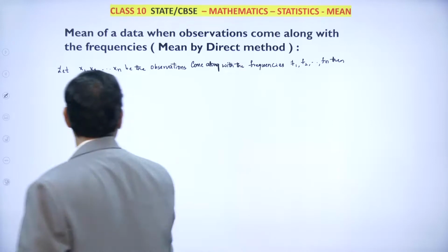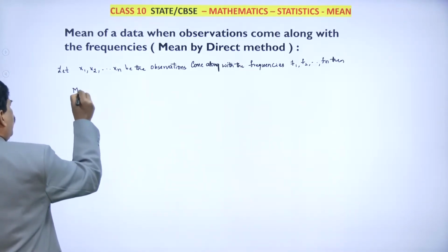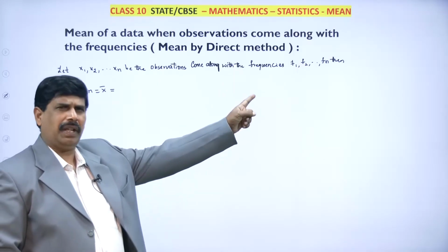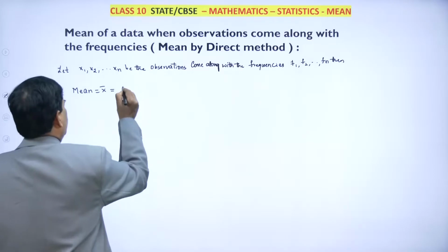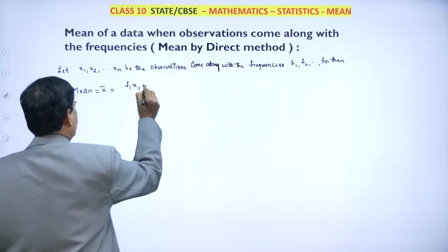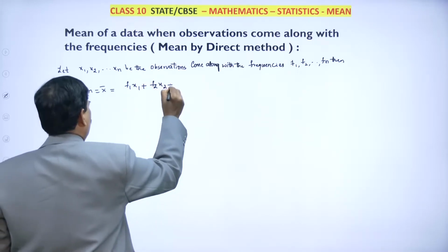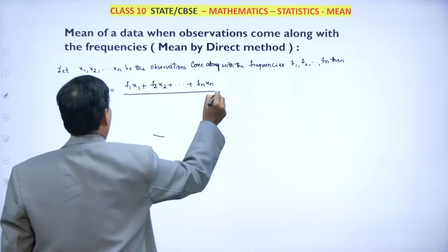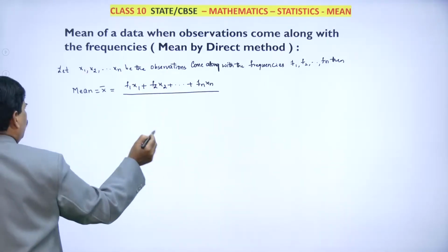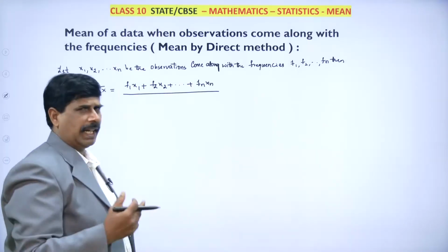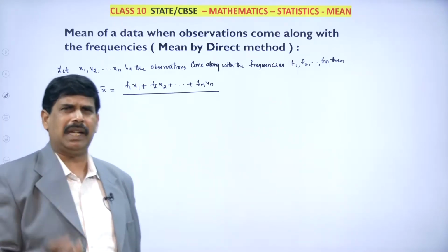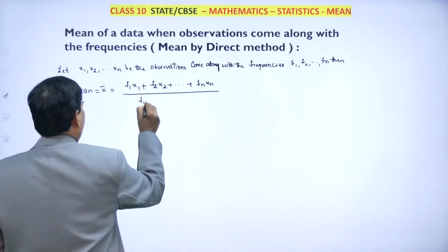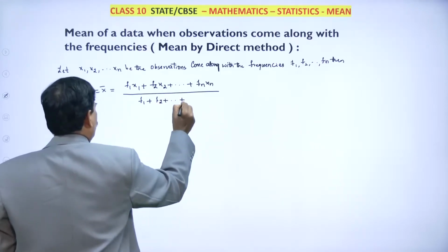So then the mean x bar is equal to, see what you have to do, children, you take the first frequency multiply with first observation, that is f1 multiplied with x1 plus f2 x2 plus so on fn xn by, you add all the frequencies, it is f1 plus f2 plus so on fn.